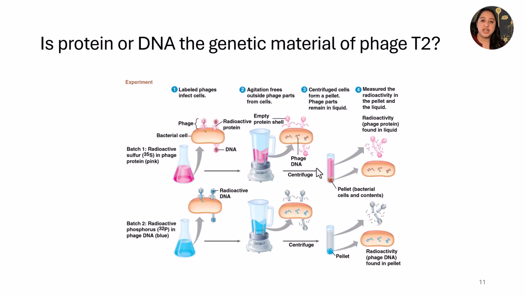Things that are heavier are going to get pulled to the very bottom, and things that are lighter are going to stay at different levels. So this helps separate parts of the cell. When they spin it, they would expect to see whatever's important at certain parts of the cell. And the fact that they didn't see any of that protein inside of the cell means that's not what got injected.